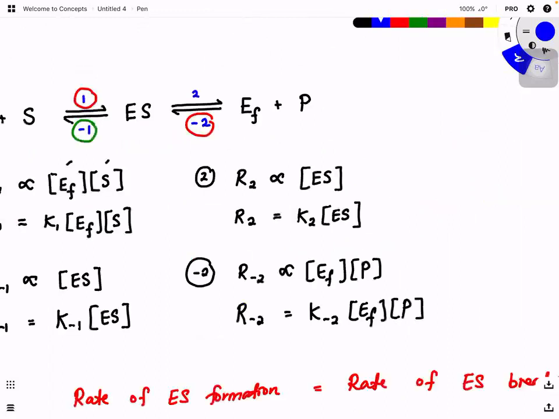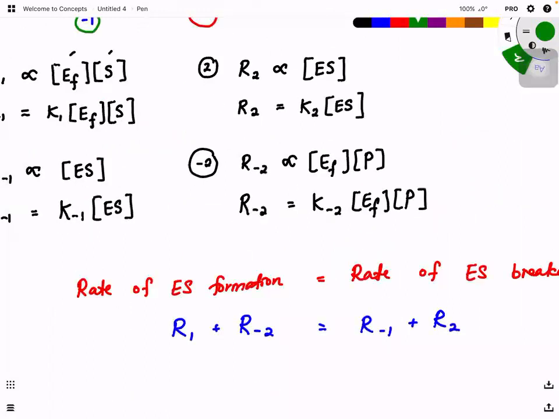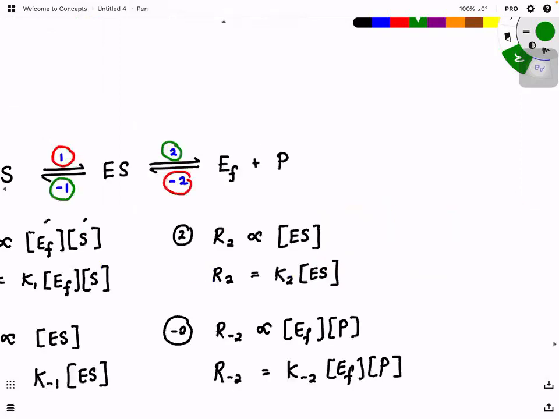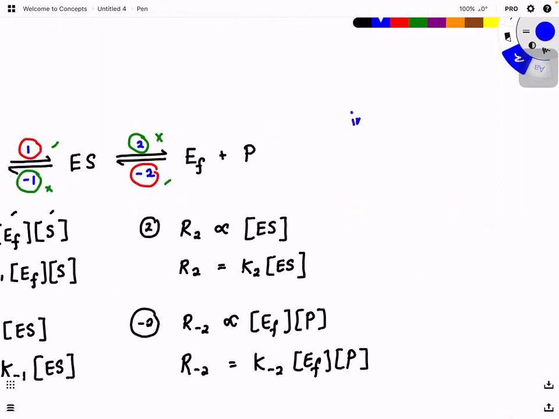Because rate 2 and rate -1 are the ones that break down the ES complex. Rate 1 and rate -2 are the formation of the ES complex. Correct? Number 1 and number -2 form the ES complex. This one breaks down the ES complex. Now, because our focus is the initial rate of reaction.